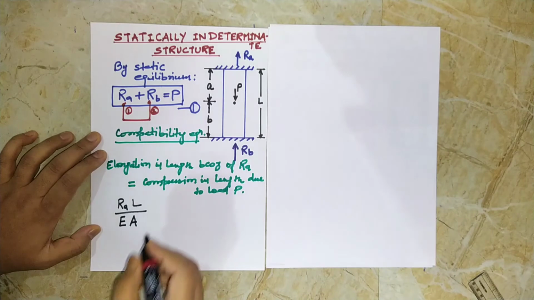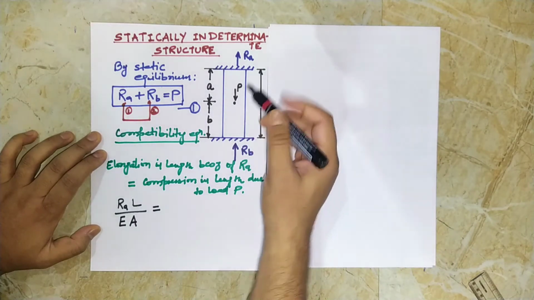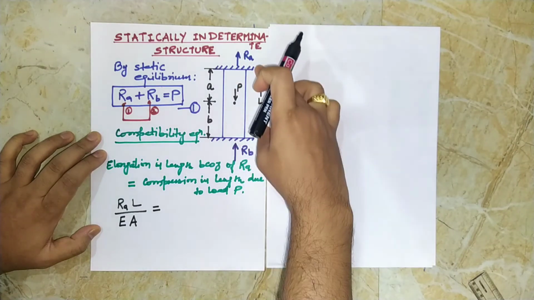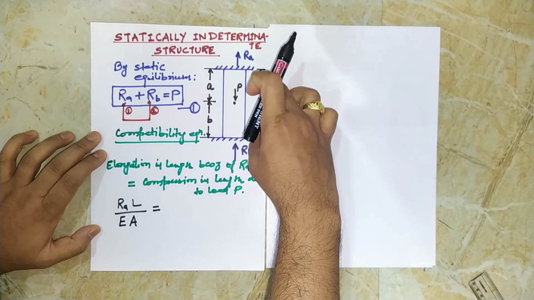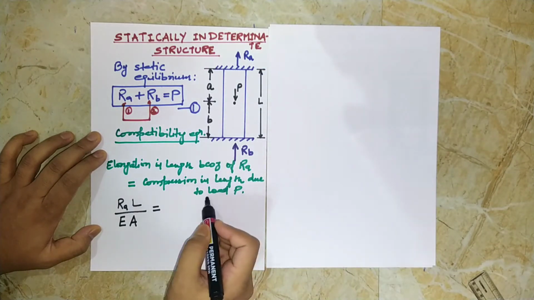Now the compression in length due to P is equal to this elongation, because when these two loads are applied together, the bar remains confined within the boundary.